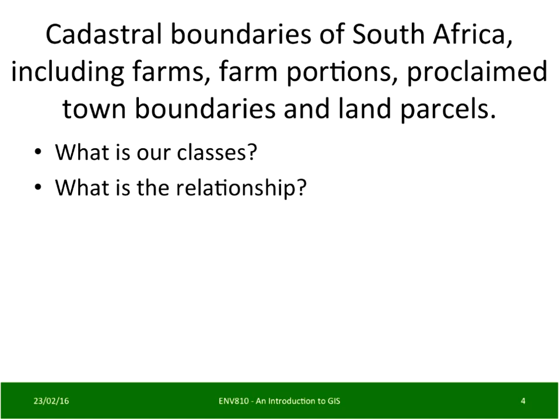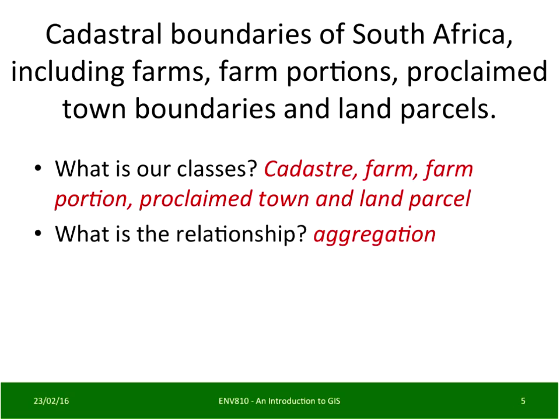Okay, so the next bullet, we say that cadastral boundaries of South Africa include farms, farm portions, proclaimed towns, and land parcels. So again, if we break this down into our classes, we can see that our cadastral boundaries is a class, along with farms, farm portions, proclaimed town boundaries, and land parcels.